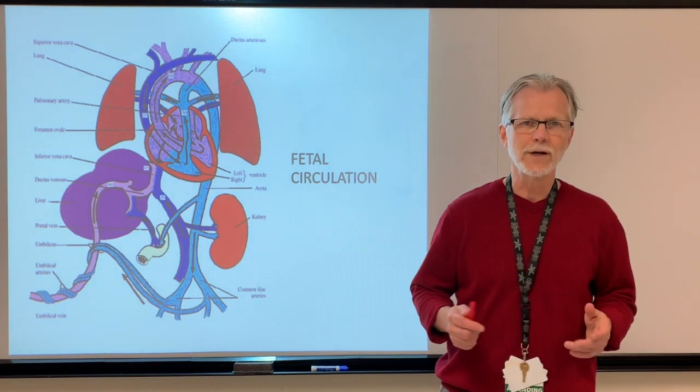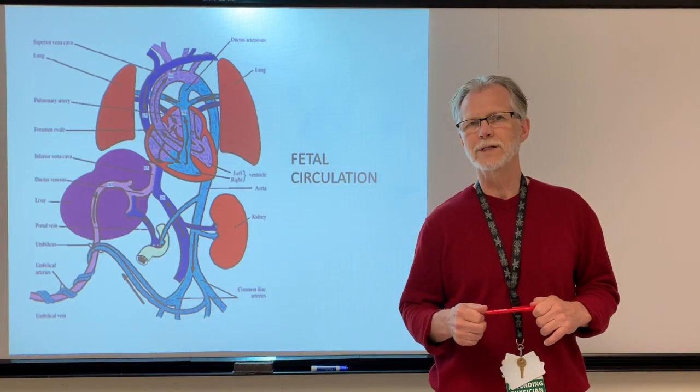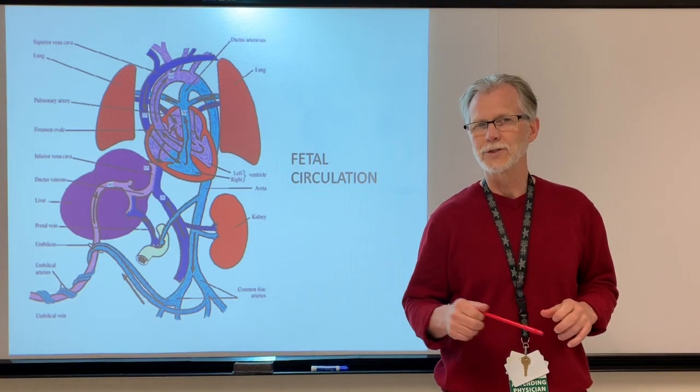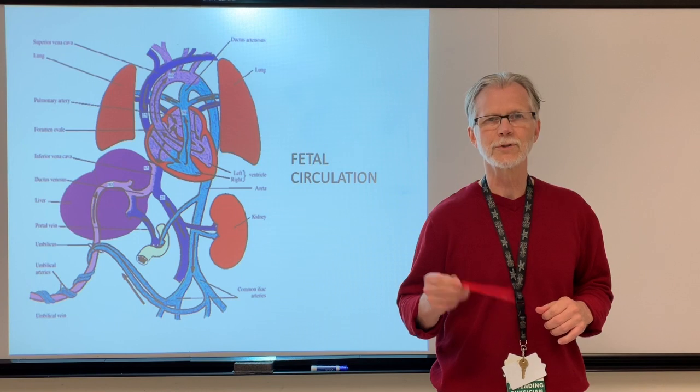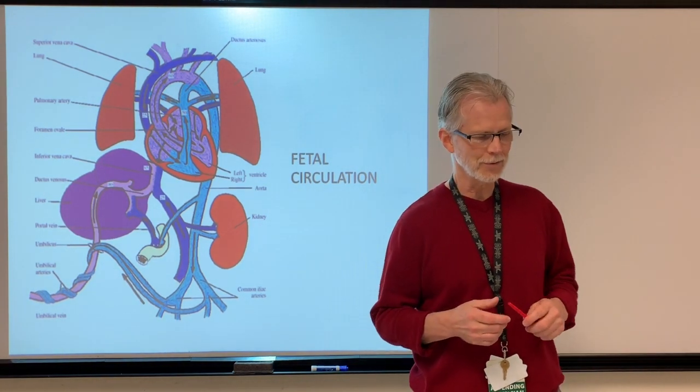You can use any diagram of the fetal circulation and then follow that red cell from, let's say, the right atrium, then through the circulation. It's in serial, so you have to take a couple blood cells to take it through.